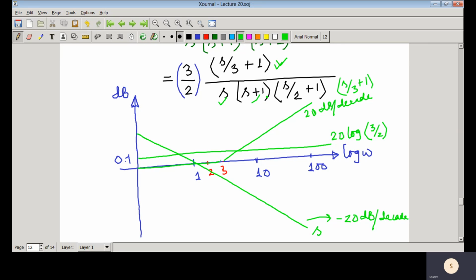So now for s plus 1, that means again we have a slope here, which is just overlapping. The corner frequency is 1, which means it will be overlapped with this particular one.